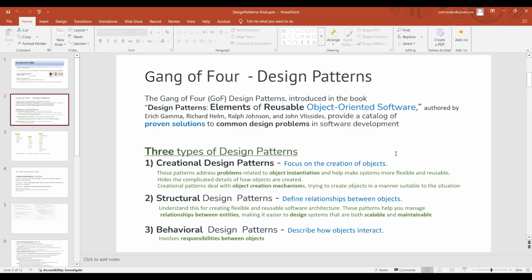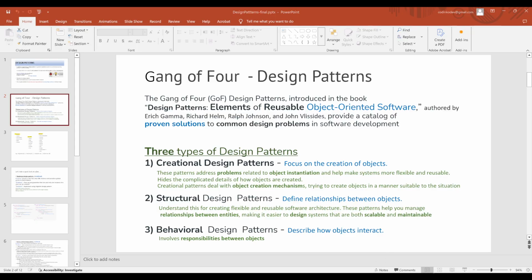Emphasize the word reusable. Okay, elements of reusable object-oriented software. It's authored by four guys: Erich Gamma, Richard Helm, Ralph Johnson, and John Vlissides. So they provide a catalog of proven solutions to the common design problems in software development.